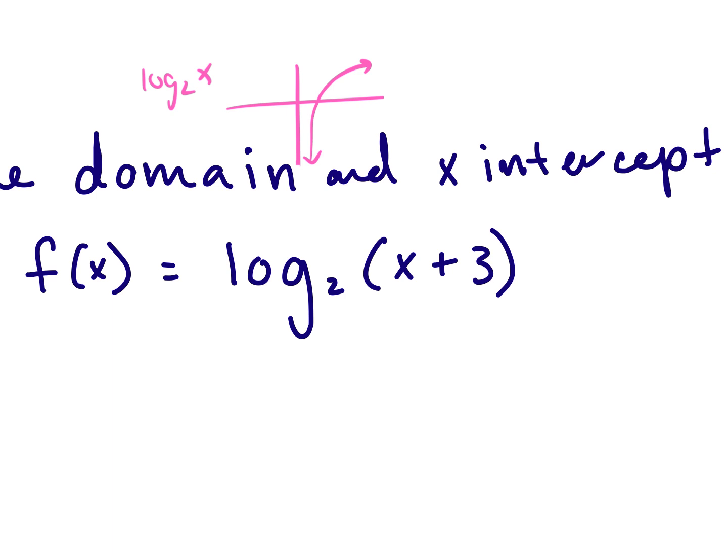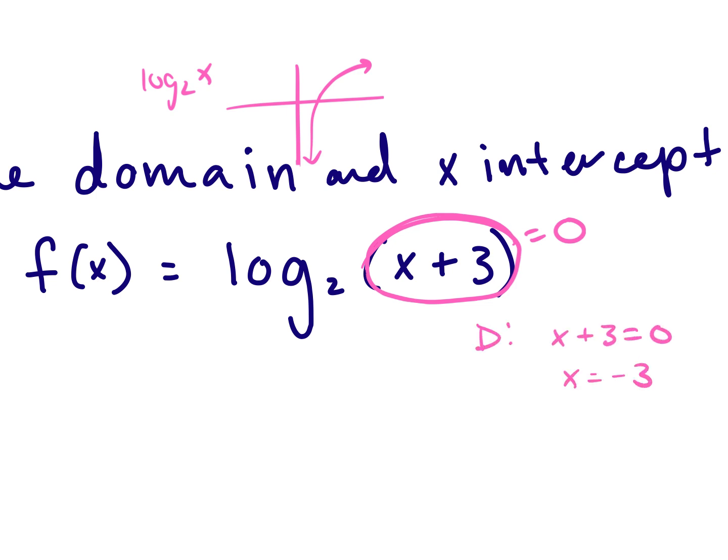But our domain changes if we have a transformation occurring. So we'd set whatever's in our parentheses equal to 0 to find what the domain is. So here x plus 3 equals 0. So x equals negative 3.